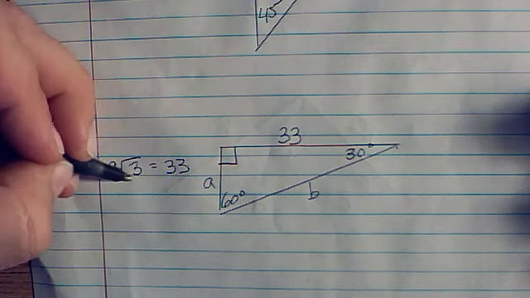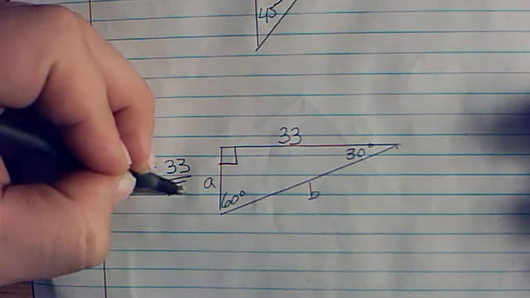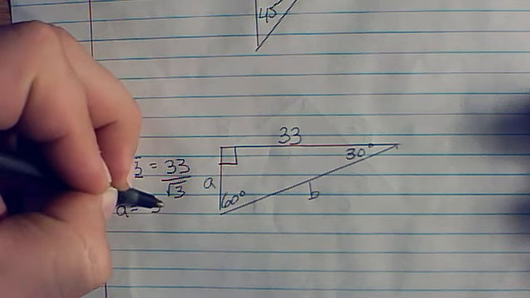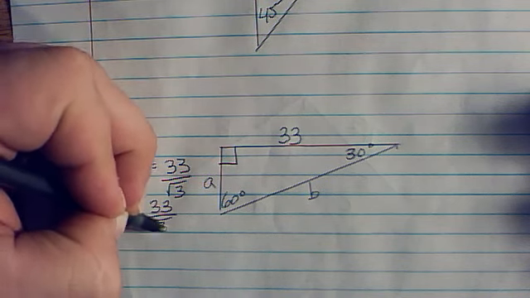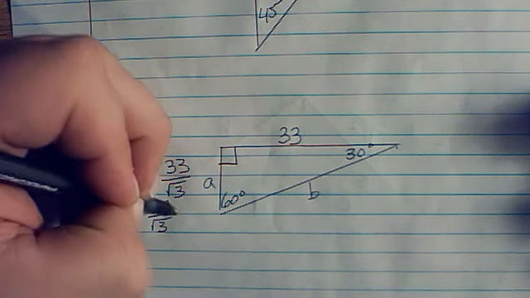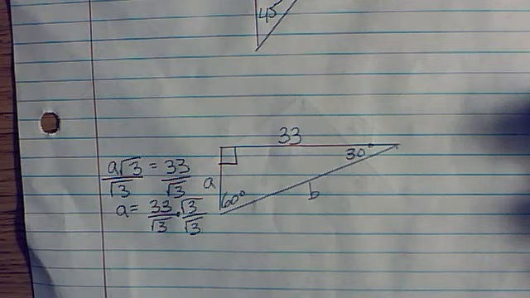Algebraically, my next step should be to divide by the square root of 3 on both sides. Most of these answers will be in simplest radical form unless otherwise noted. So if that's the case, I cannot have a radical in my denominator, so I need to multiply my numerator and my denominator by the square root of 3.